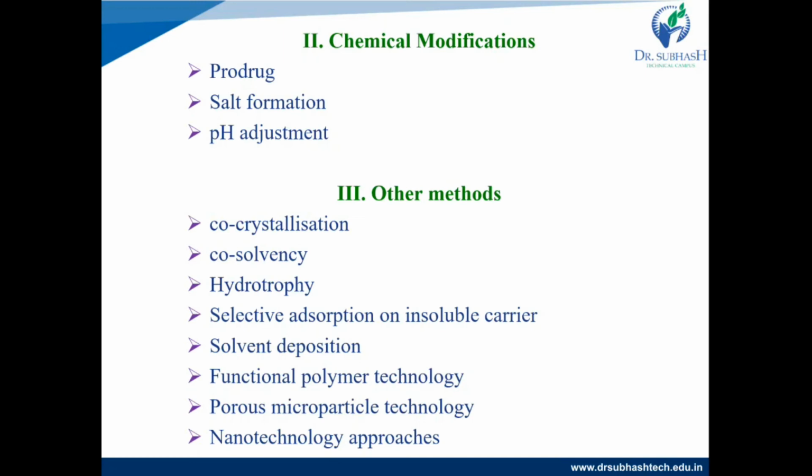That is a novel approach. Nowadays a lot of research is going on in that area. Nanotechnology approaches are also used for the improvement of solubility. In that we can prepare nanocrystals, nanomorphs, nanoparticles. With that technology we can go for particle size reduction and improve the solubility of the drug.